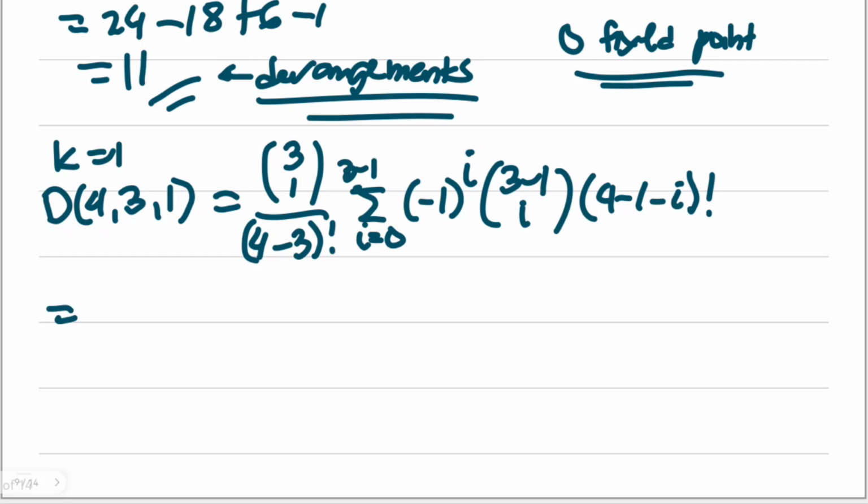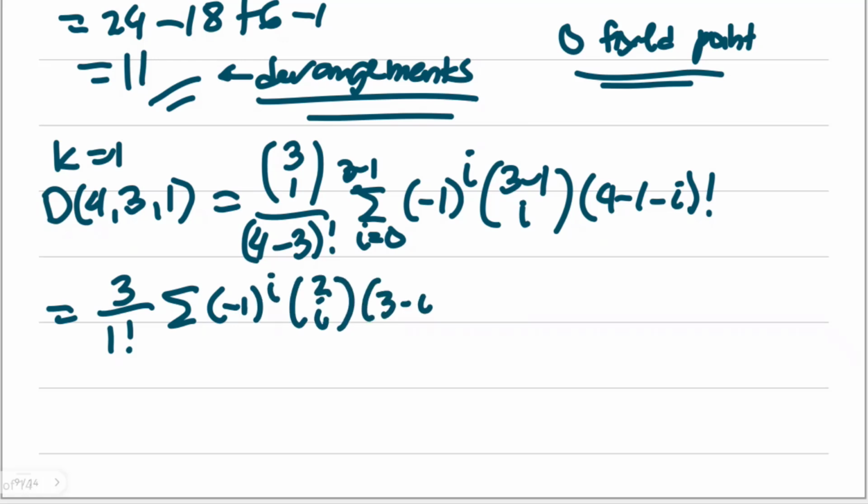So we can break this. Again, I might be using a separate page for this. So 3 combination 1 is 3 over 1 factorial, times the summation of -1 to the power of I, 2 combination I, 3 minus I factorial.